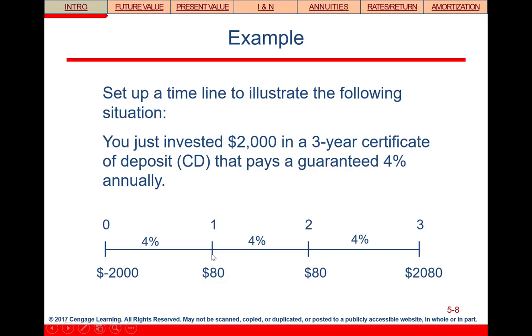So at the end of year 1, you receive $80. Year 2, you receive $80. At the end of year 3, you receive $80 plus your $2,000 principal. So it's $2,080. And then each year your rate of return is 4%. So a timeline of the cash flow should look like this.